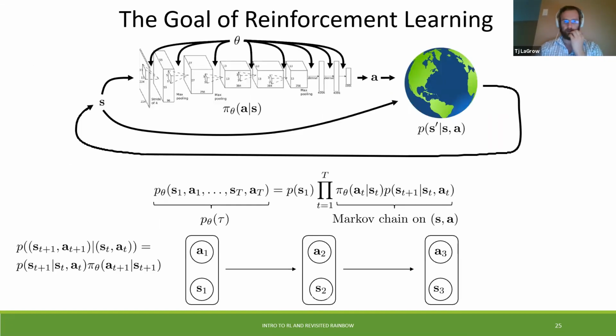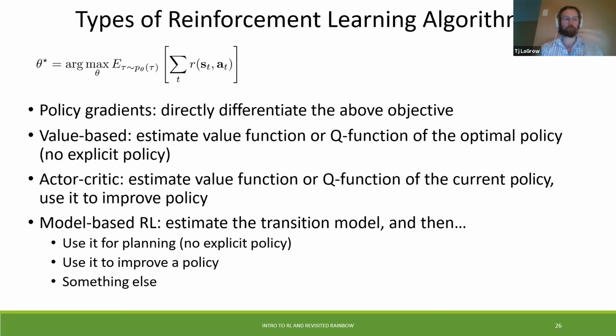There are a couple different types of reinforcement learning algorithms. We have policy gradients, where they're directly differentiating the above objective function. That's pretty much the vanilla flavor of reinforcement learning. However, the value-based approach is where we're trying to estimate our Q function, or the quality function, of the optimal policy.